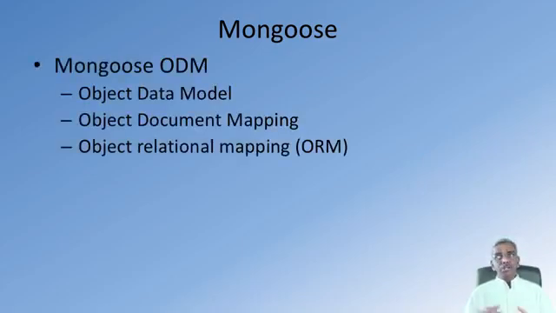And so that is why we often hear people referring to this as the Mongoose ODM. The ODM itself is interpreted by some people to mean object data model, or sometimes referred to as object document mapping, or some people refer to it as ORM, or object relational mapping.